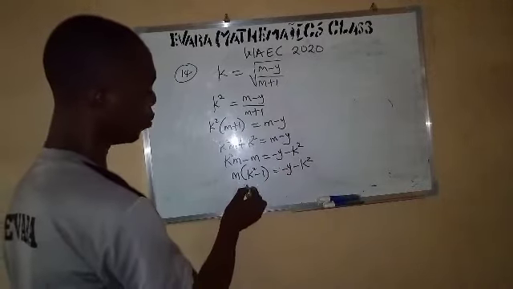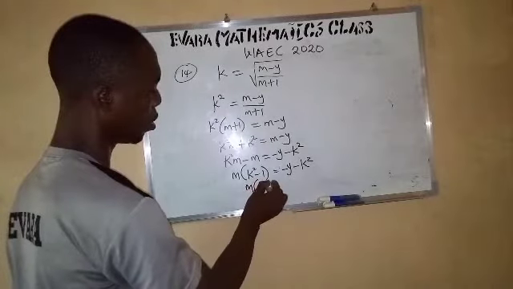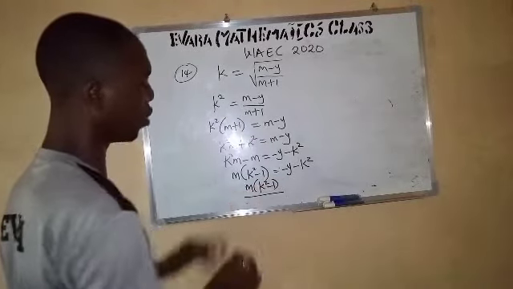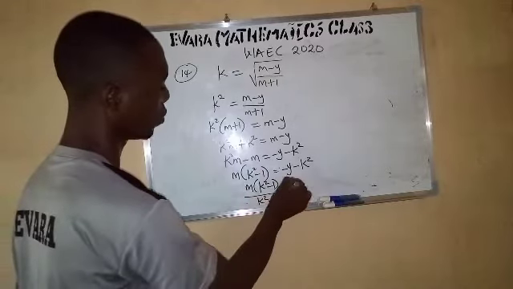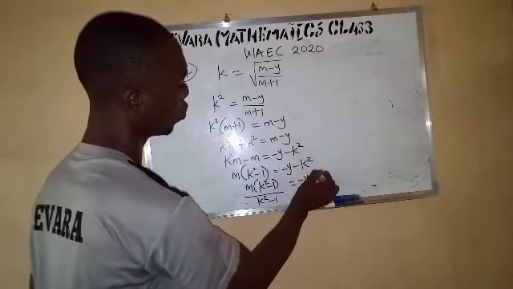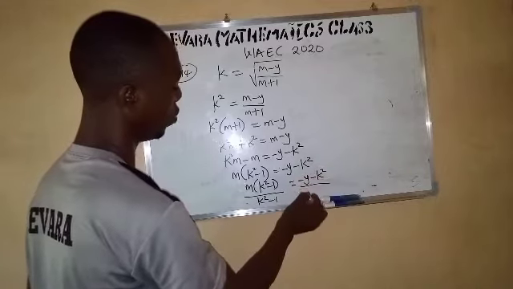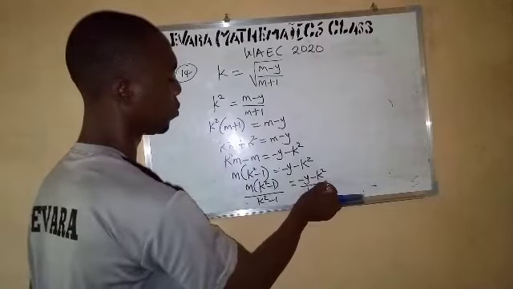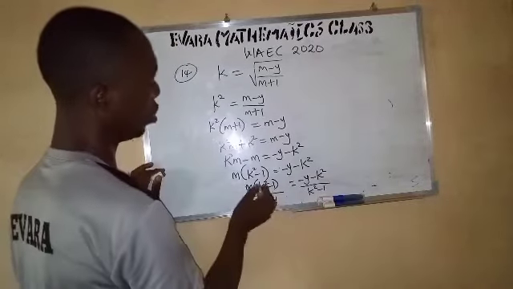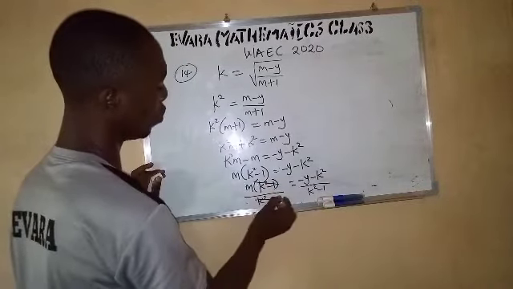So now we divide both sides by the coefficient of m. The coefficient of m here is k squared minus 1, minus y minus k squared over k squared minus 1. So k squared minus 1 will cancel k squared minus 1.